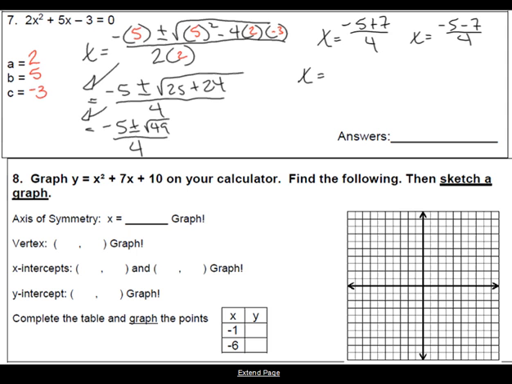Here we have 2 over 4, which reduces to 1/2. The one on the right becomes x equals negative 12 over 4. 4 goes into 12 evenly, so this is negative 3.